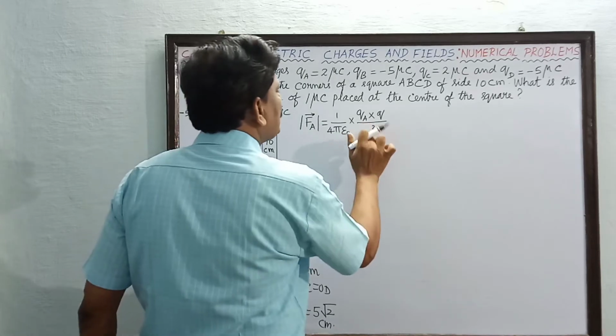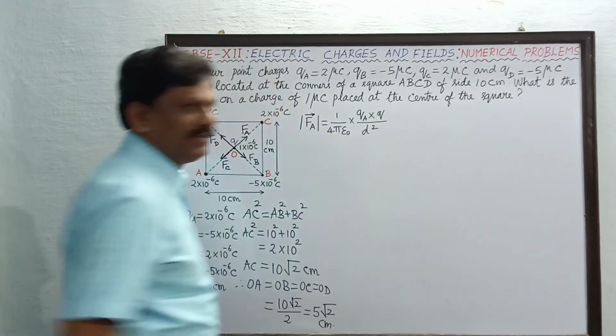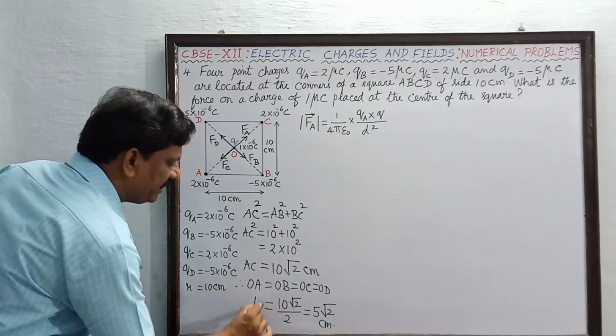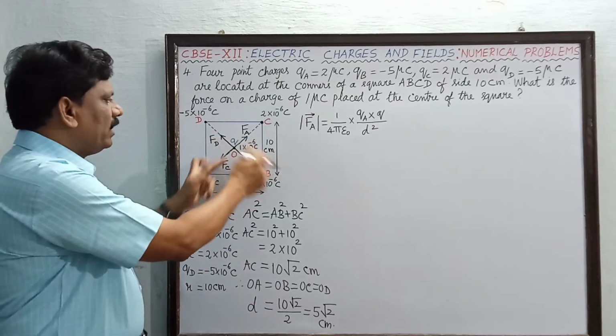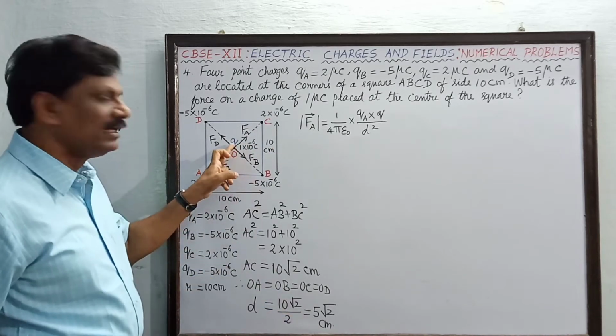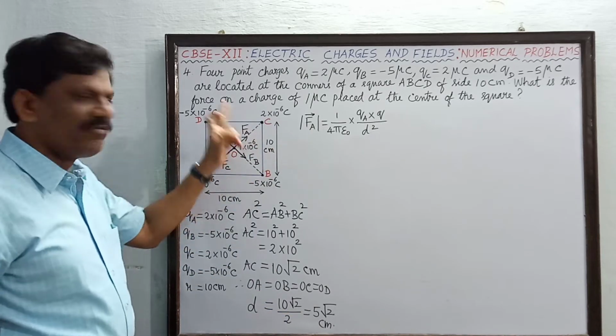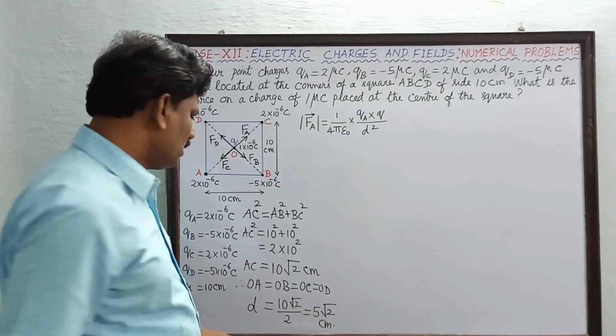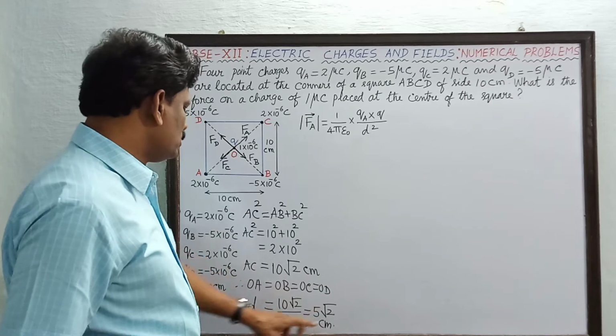Here I will take the symbol D square, because R is already taken as 10 centimeters. D is OA or OB or OC or OD. This distance from the middle charge to all the 4 charges is the same, that is 5 root 2 centimeter.